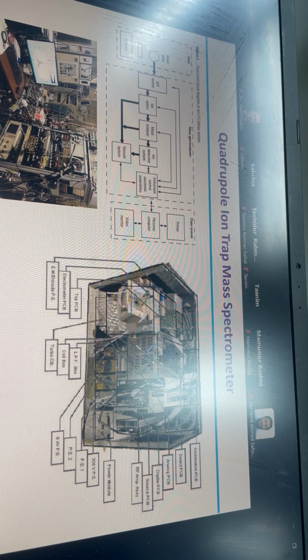But all the mass specs are actually developed in the lab, and you can see that there are a lot of wires and things around.